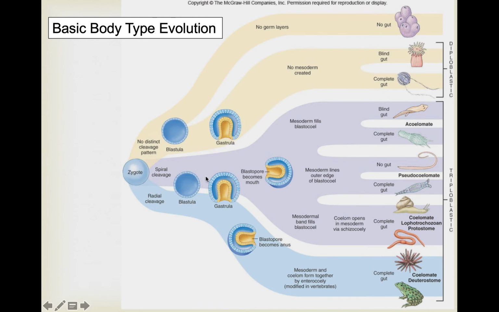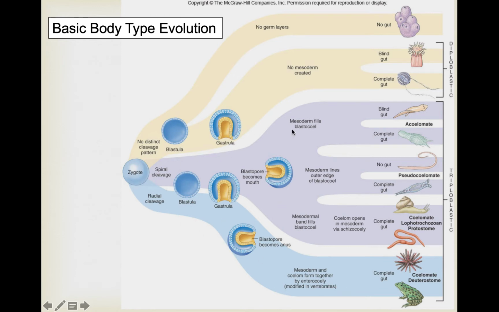A little bit later, but evolving pretty early also in the animal phylogeny, we'll see the evolution of triploblastic animals that have endoderm and ectoderm, but sandwiched in between that, they have mesoderm. But exactly how that mesoderm forms and the patterns of cleavage, like spiral cleavage versus radial cleavage, is one of the key things that will help us determine these two different groups called the protostomes and the deuterostomes.